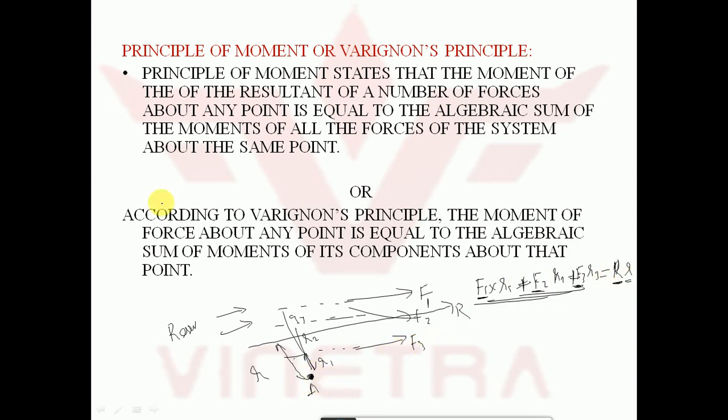So see here, principle of moments. According to Varignon's principle, the moment of a force about any point is equal to the algebraic sum of moments of its components about that point.